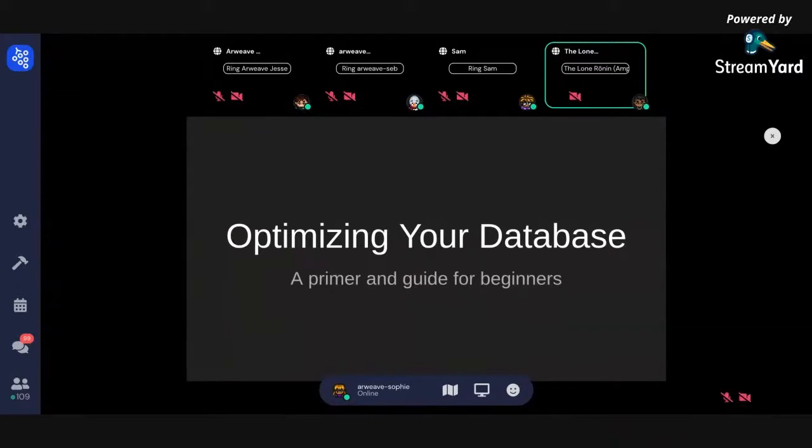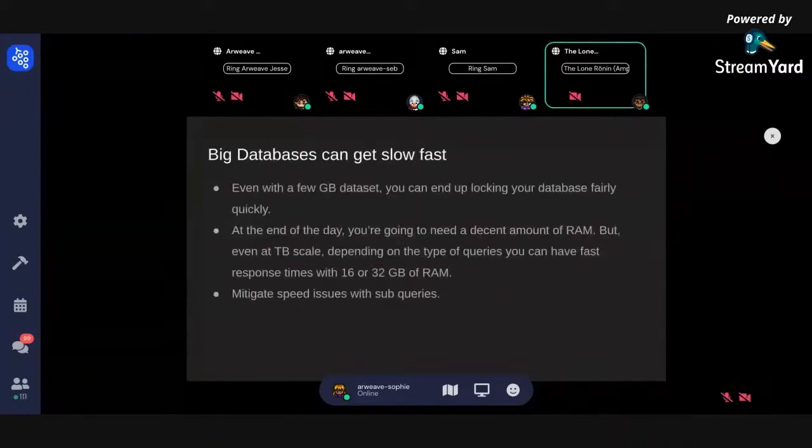Anyway, this talk is going to be mostly about general guidelines and suggestions to optimize your database, and basically just how to make a solid, fast database. Like I said, big databases can get slow pretty fast, and with the incorrect data structures, you can get queries locking up with a few gigabytes worth of rows. At the end of the day, you're going to need a decent amount of RAM no matter what.